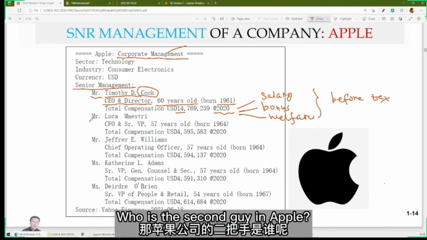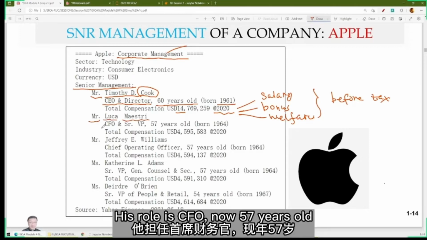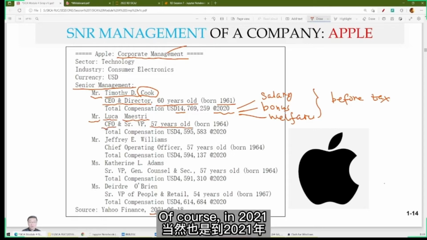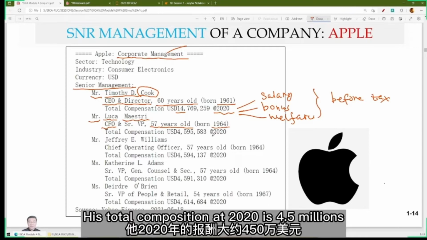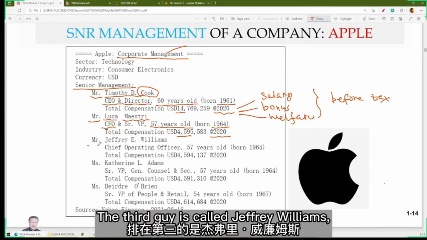Who is the second guy in Apple? This guy is called Luca Maestri. His role is CFO. Now 57 years old, born in 1964. His total compensation in 2020 is 4.5 million. Well, it's about one third of that of Cook, right? The third guy is called Jeffrey Williams.